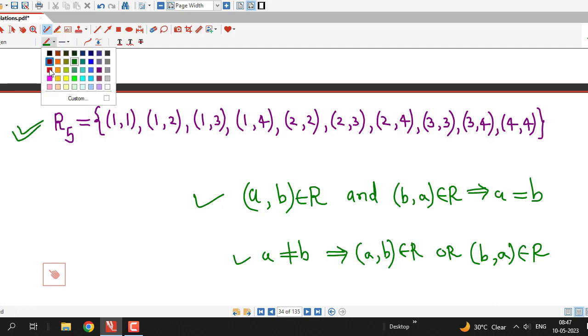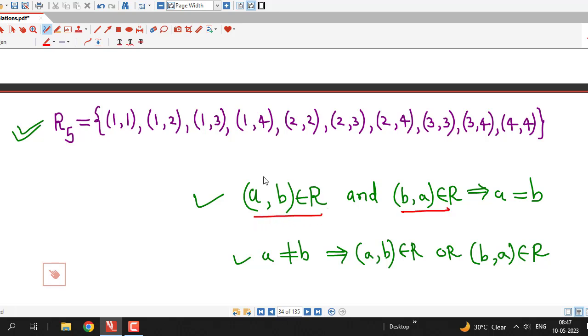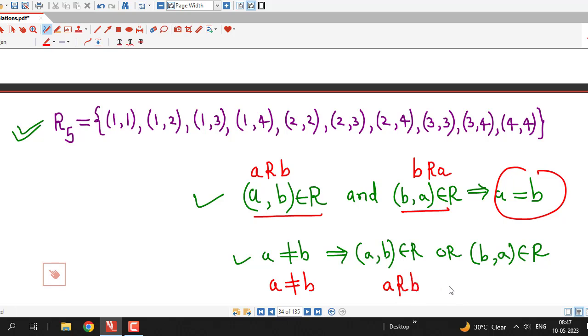In other words, if A is related to B and B is related to A, then A and B cannot be different. And if A and B are different, then either A is not related to B or B is not related to A.